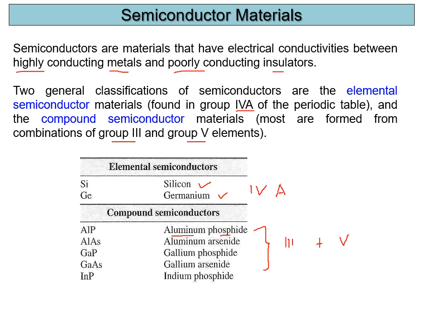So we combine those aluminum and phosphorus. You get aluminum phosphide, aluminum arsenide, gallium phosphide, gallium arsenide, and indium phosphide.